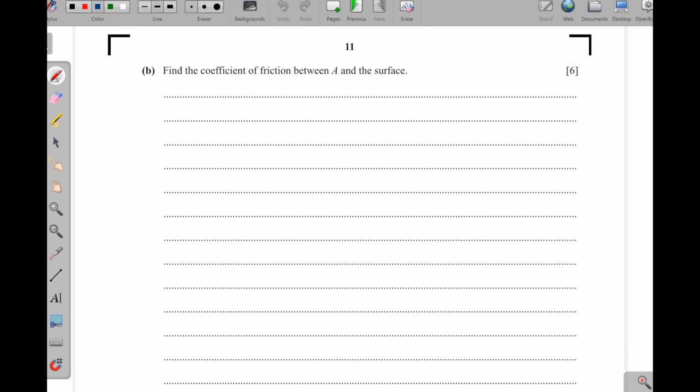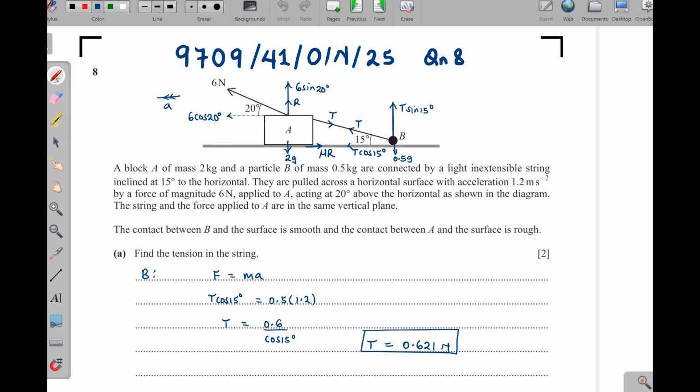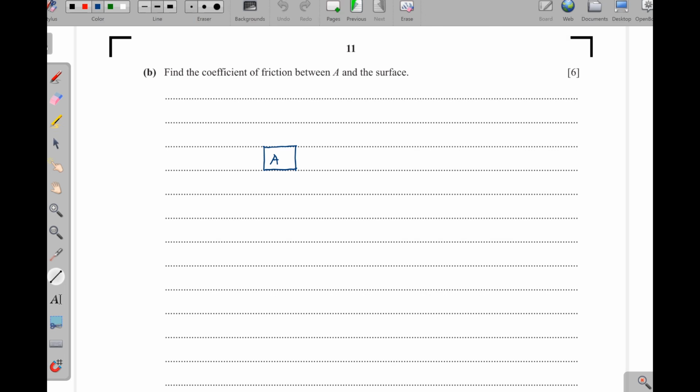I'm going to have my A here, my block A. Then we are having this tension here. So I'm going to connect it to this particle here. Then we do that. So there is this tension. Remember, this is 15 degrees.